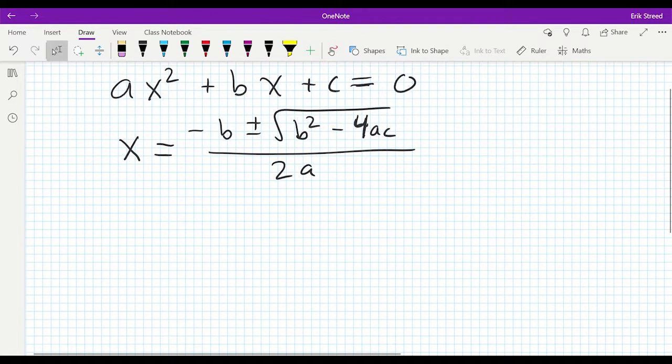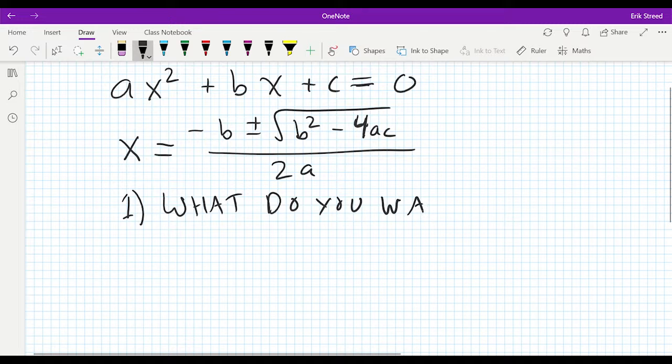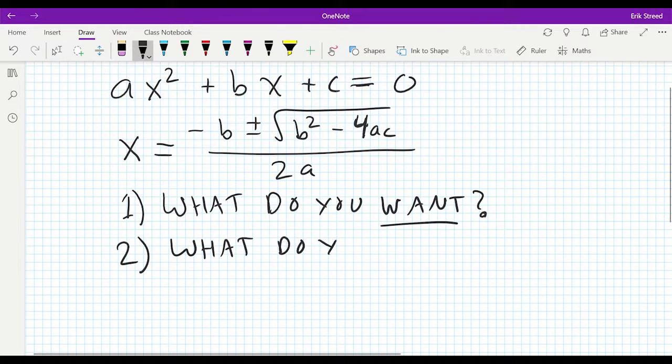And specifically, we're going to talk about a problem-solving method that involves 3 steps. 1, figuring out what do you want, in terms of solving a math problem. The second, what do you have in order to help you solve it?